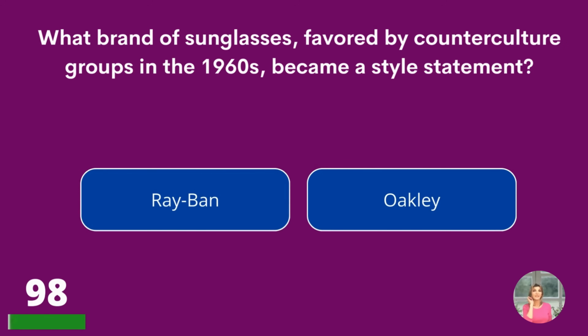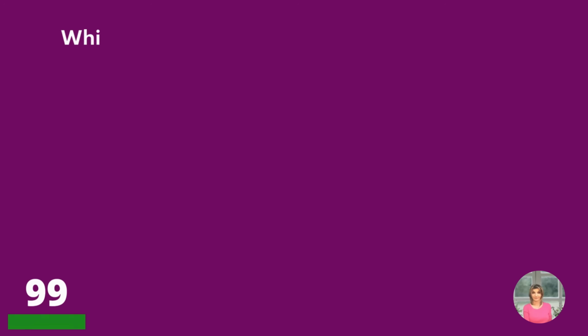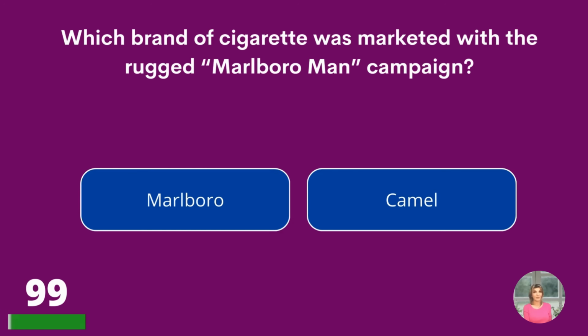We are on question 98. What brand of sunglasses, favored by counterculture groups in the 60s, became a style statement? Ray-Ban or Oakley? Ray-Ban. Which brand of cigarette was marketed with the rugged Marlboro Man campaign?